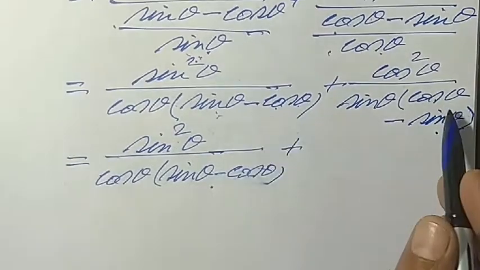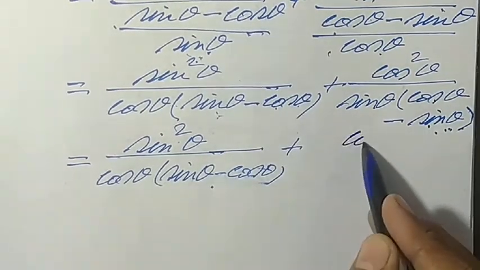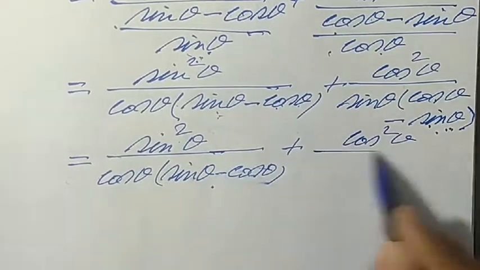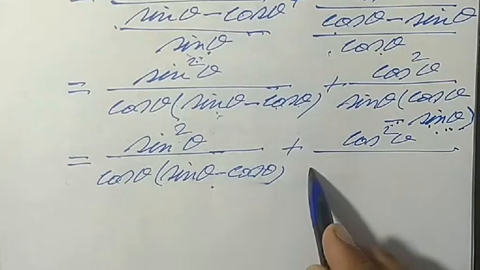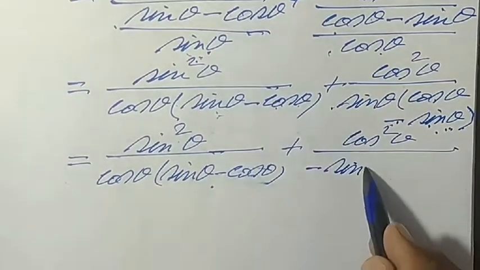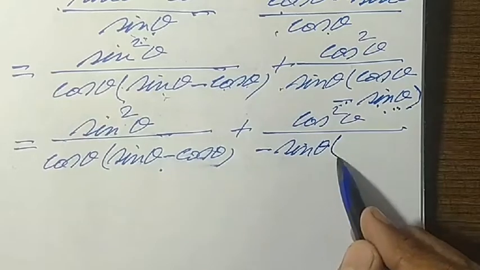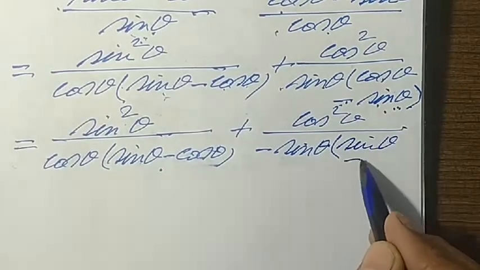So to make them identical, we have to take minus out of this expression. So we get cos square theta as it is, upon, when we take minus out of it, we get minus sine theta, and now inside the bracket we get sine theta minus cos theta.